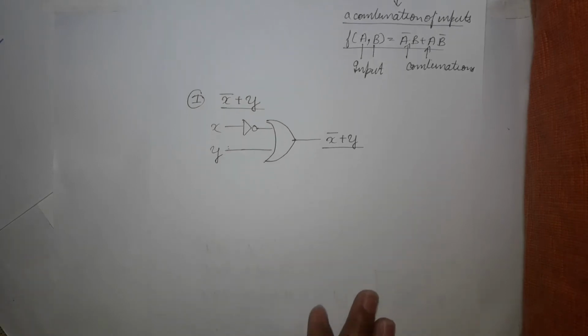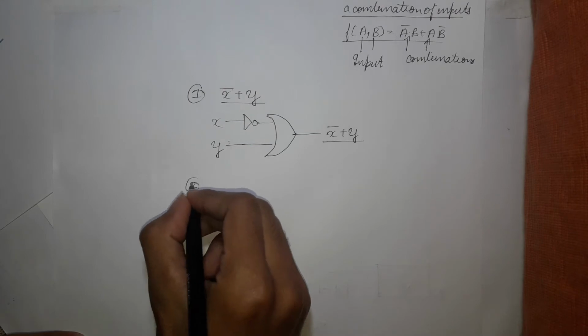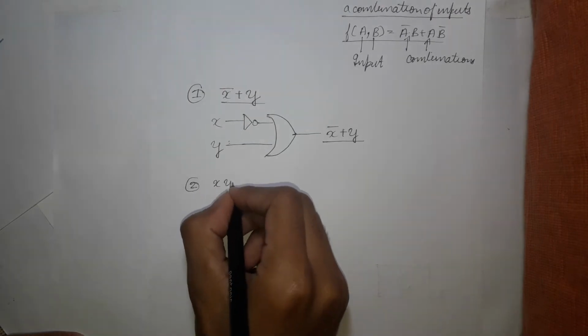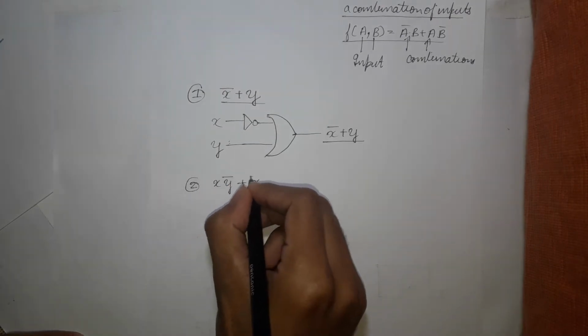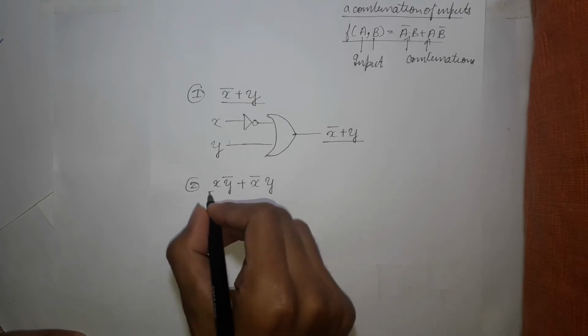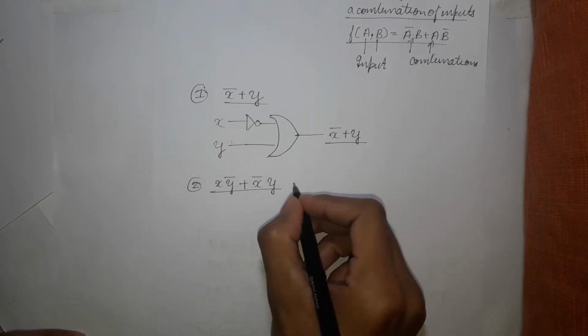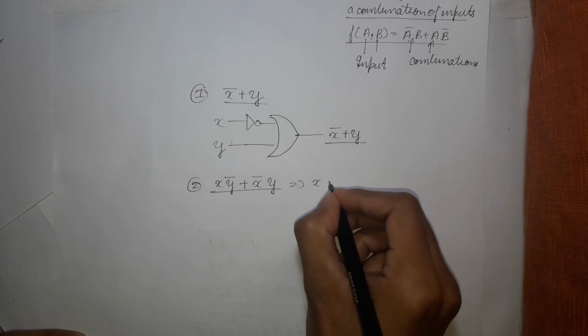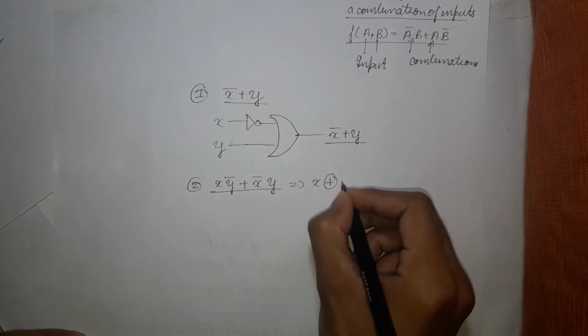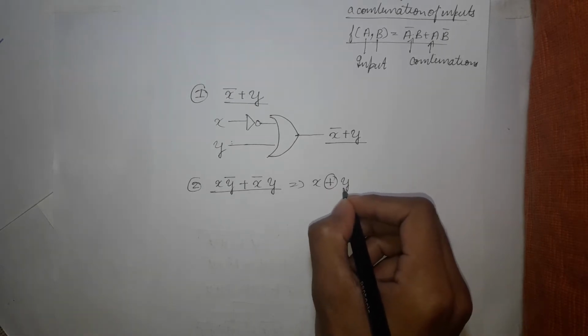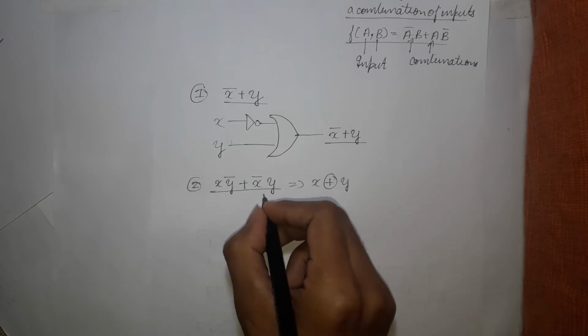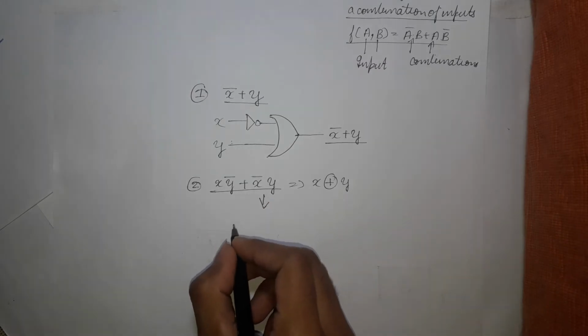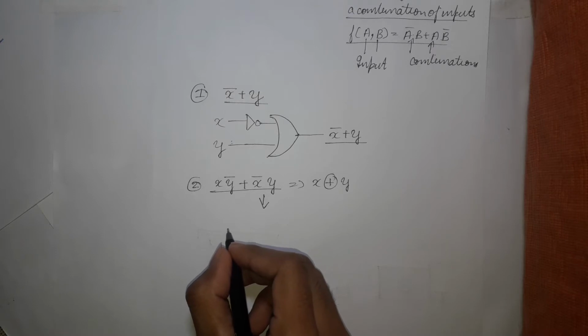Now next example, that is example 2, is x y bar or x bar y. Now we discussed this in our logic gates video. We know that this is equivalent to XOR of x and y. Okay, now how to design it? So first of all we need two inputs.